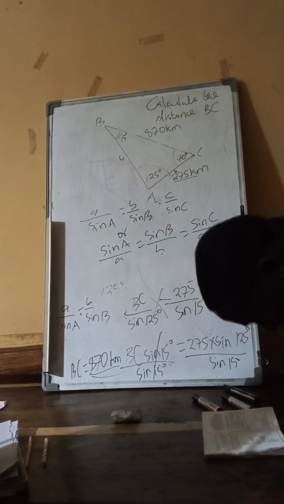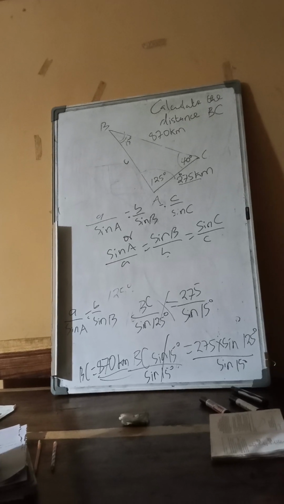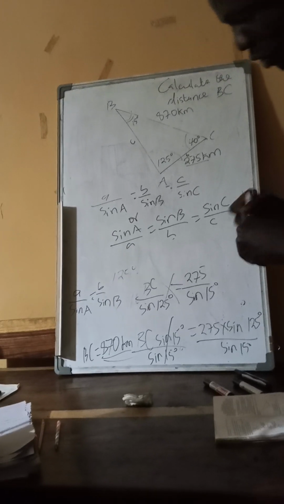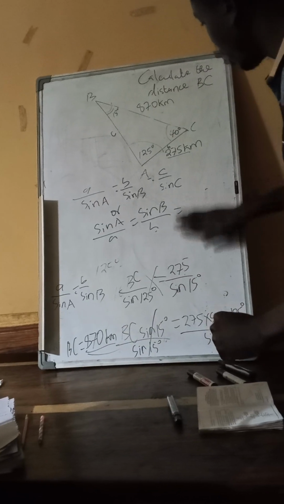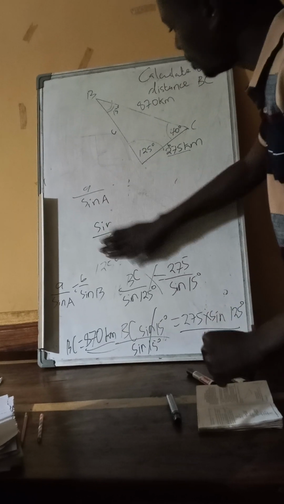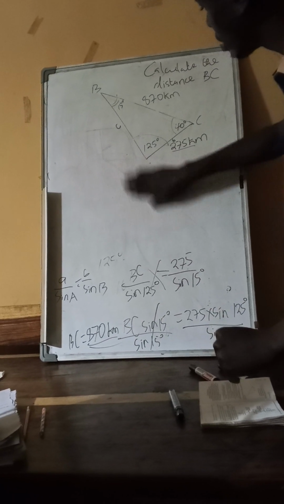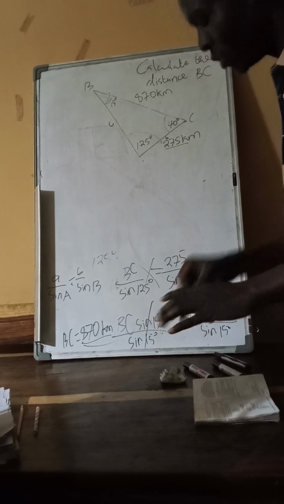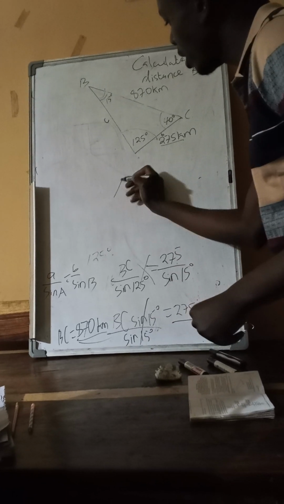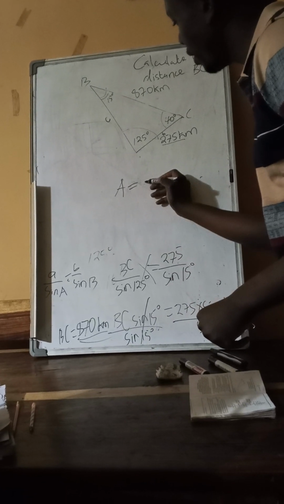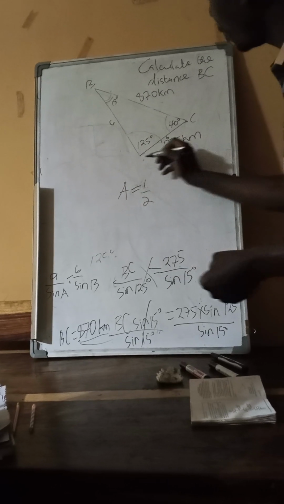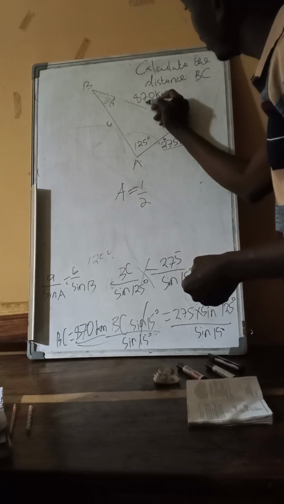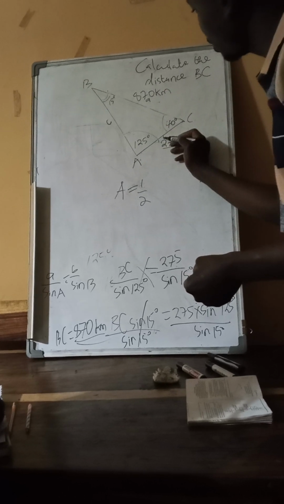Calculate the area of triangle ABC. I'm going to give you a formula. The area of a triangle is given by half. Which distances have been given? This is small letter a, then this is small letter b.